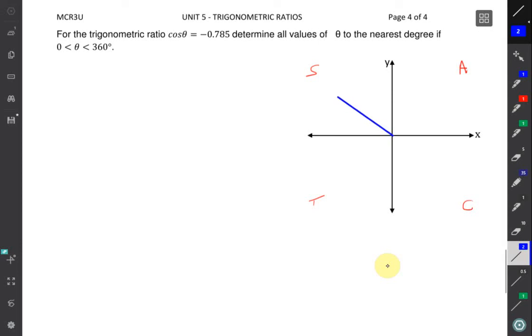And it doesn't really matter what angle you draw it at. We really don't know what the relationship is specifically. Now you can think about the fact that this would be minus 0.785 over 1, the 1 being the hypotenuse, so the two sides are pretty close in size. As long as you have it drawn in the right quadrant, that is the main thing that you want to have happen.